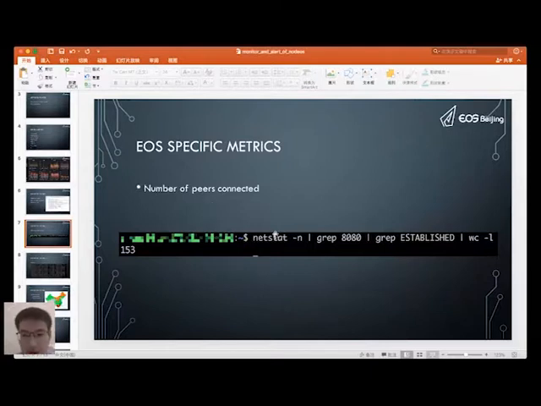You need to monitor how many peers you successfully connected to, because if you only connect to one or two peers, and when they are down, then your node cannot receive new data, and your node will also go down.